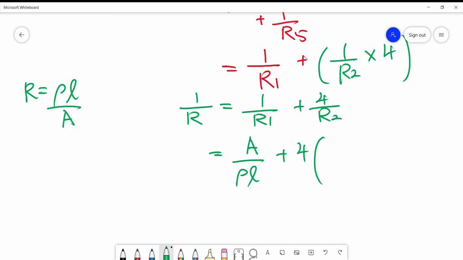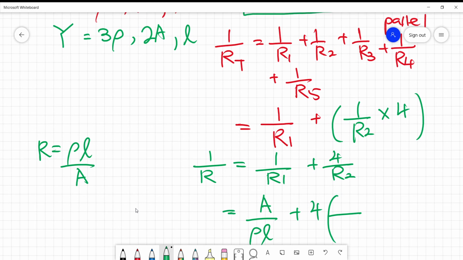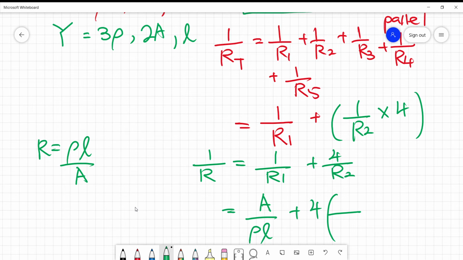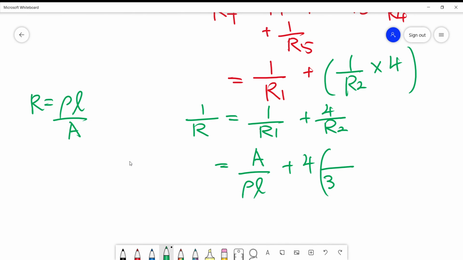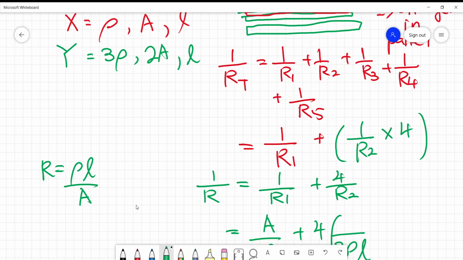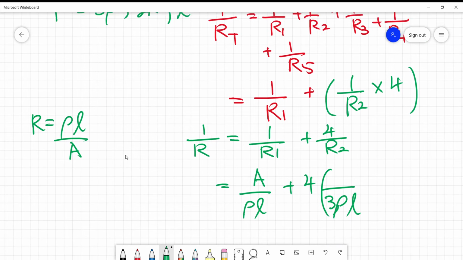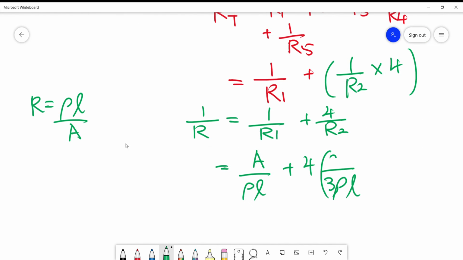Let me see what the resistivity is. The resistivity for Y is 3 rho. So this is L, and the cross-sectional area for wire Y is 2A. So this is 1 over R, of course.